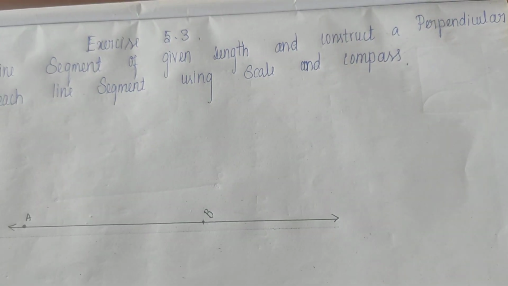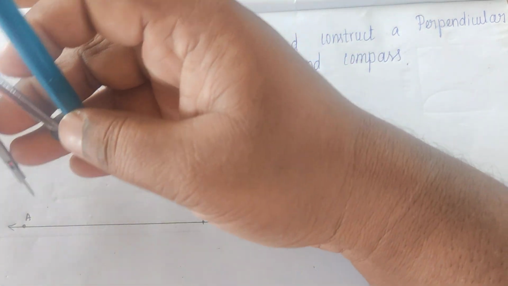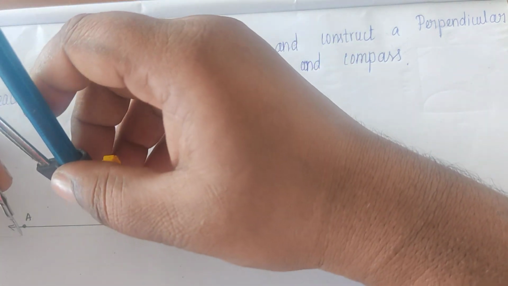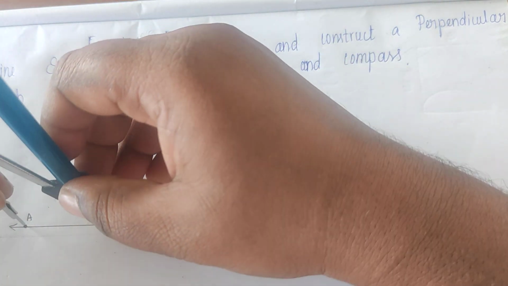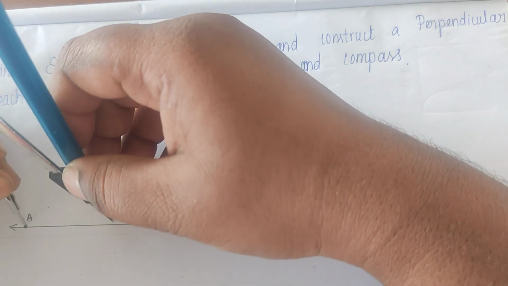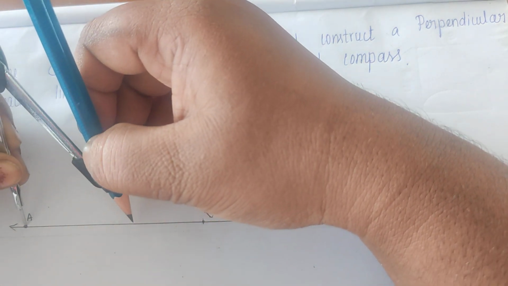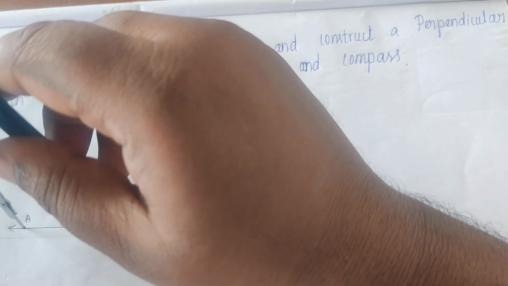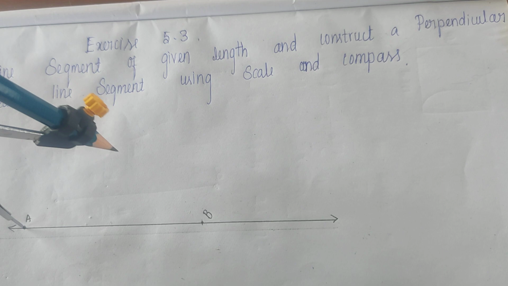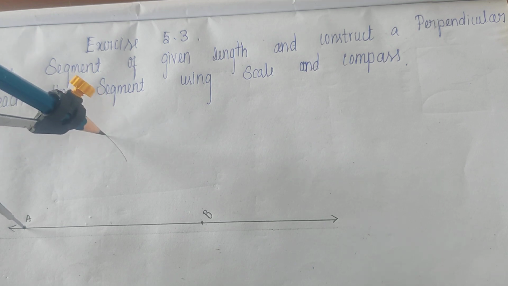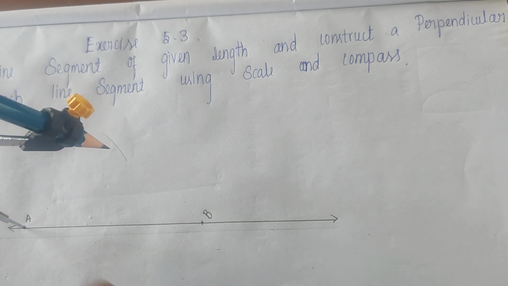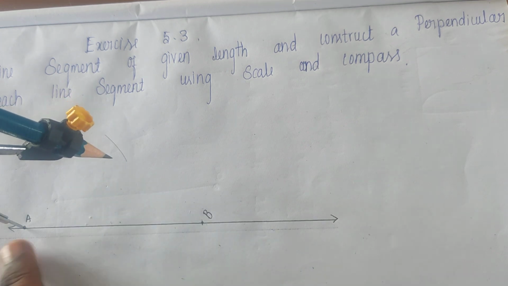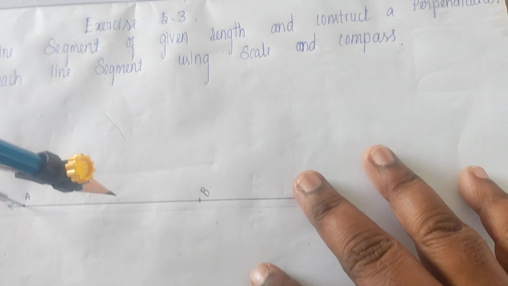And using the compass, take more than half. This one is half, and more than half, so we take this. Okay, so cut the AB top one side, and AB bottom one cut.